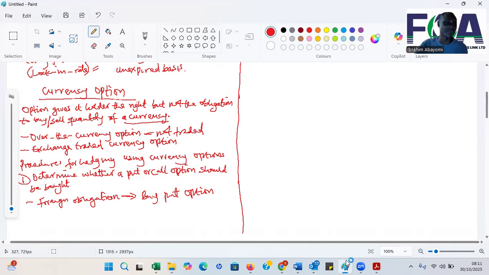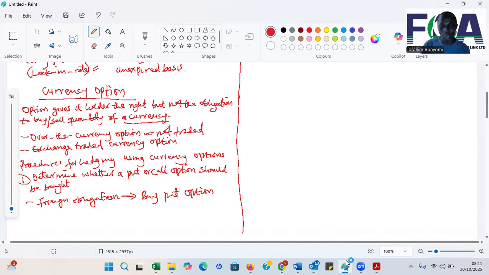When we have some question on exchange traded, this rule will not apply dogmatically. When I'm dealing with exchange traded option, for me to decide whether a put option or a call option is involved, I need to look at the contract currency.